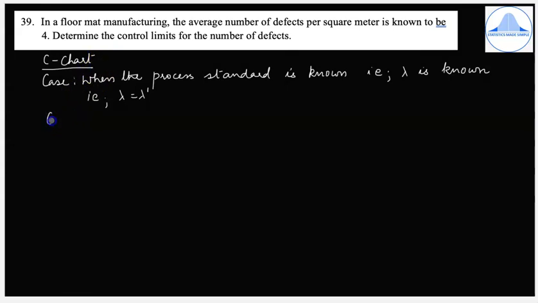In this problem, they have given lambda dash is equal to 4.